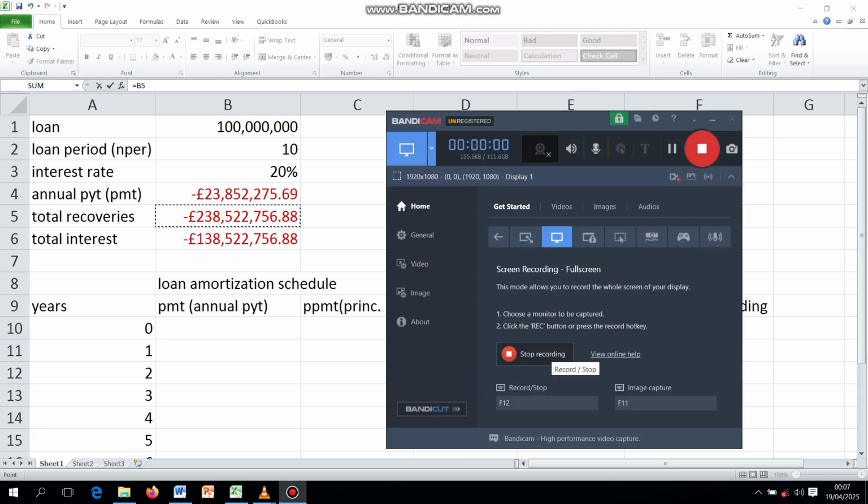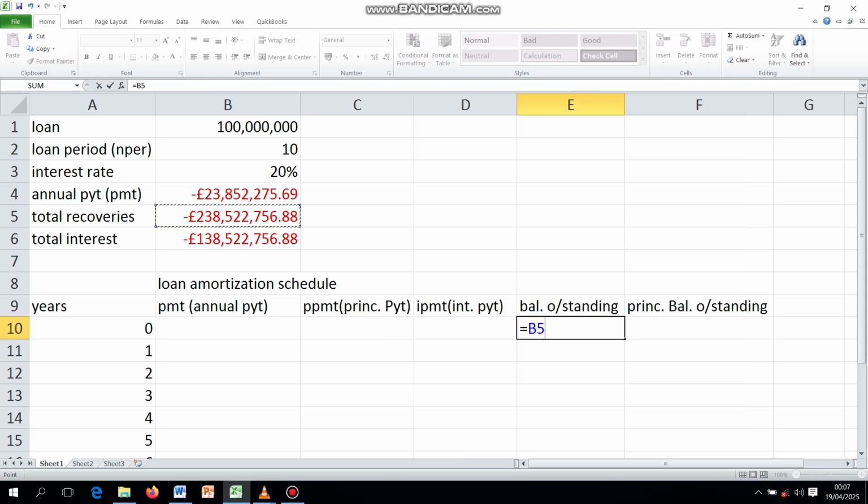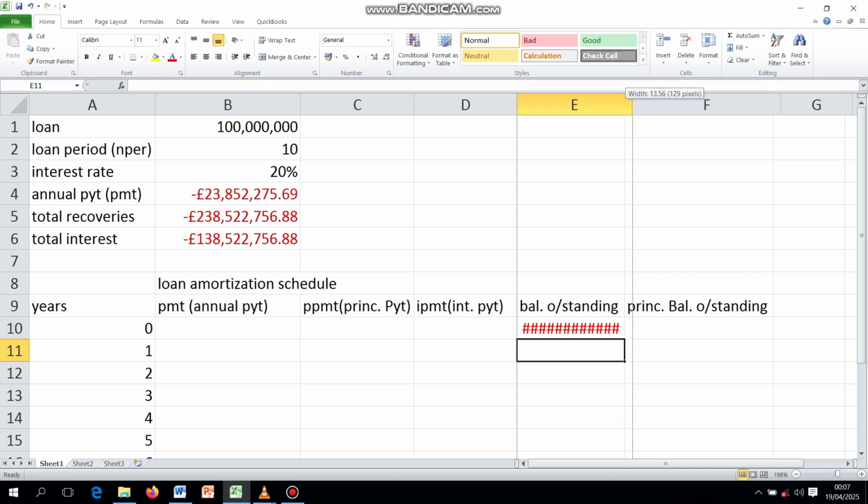We shall say the total recoveries. We shall come here to the balance outstanding. We shall say equals, and we shall get our total recoveries. Then after getting it, we shall press enter. So these hashes appear because the digits are too many compared to the space you've given them.